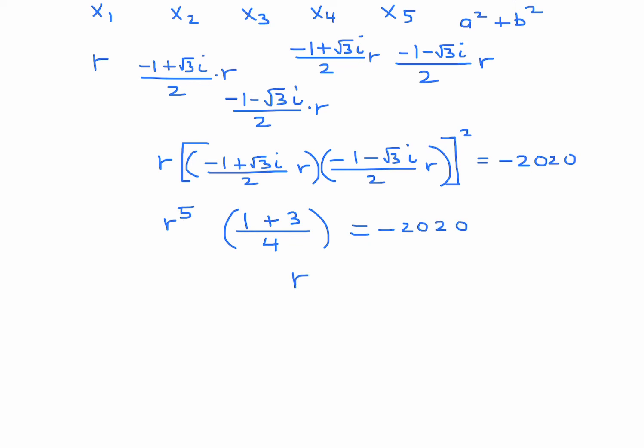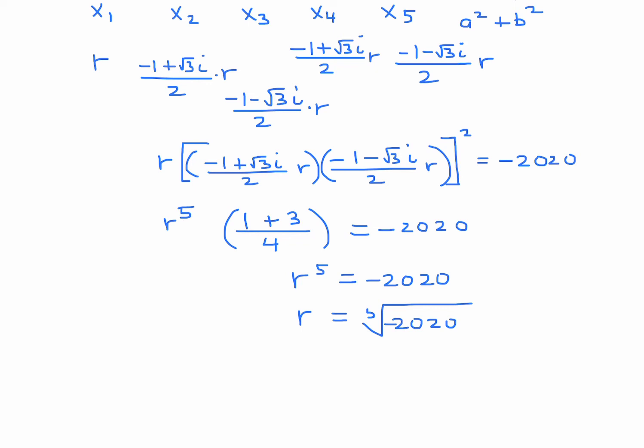So we got a very nice final result that r to the 5th is minus 2020. And r is a real number. So I guess it's the 5th root of minus 2020, whatever that works out to be. Okay, great. So now I've got to figure out the polynomial.